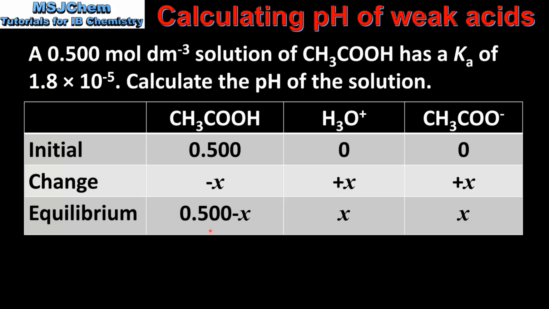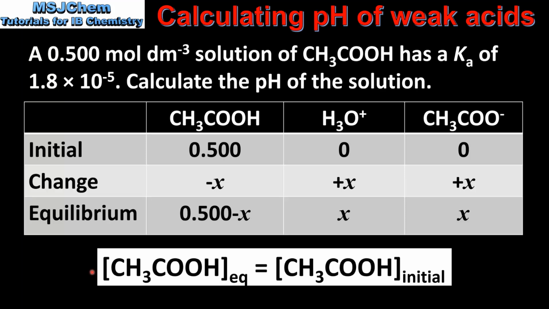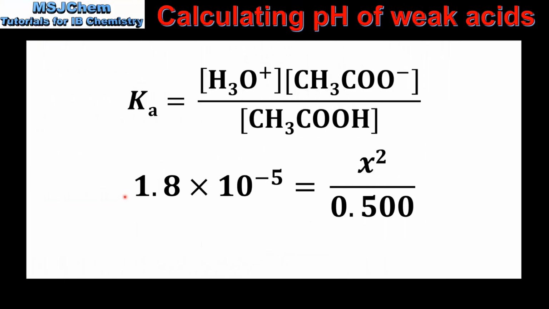So this gives us an equilibrium concentration for the ethanoic acid of 0.5 minus X, and X for the hydronium ions and the ethanoate ions. Because ethanoic acid is a weak acid, we can make the assumption that the equilibrium concentration is equal to the initial concentration. The next step is to input the values into the expression for the Ka.